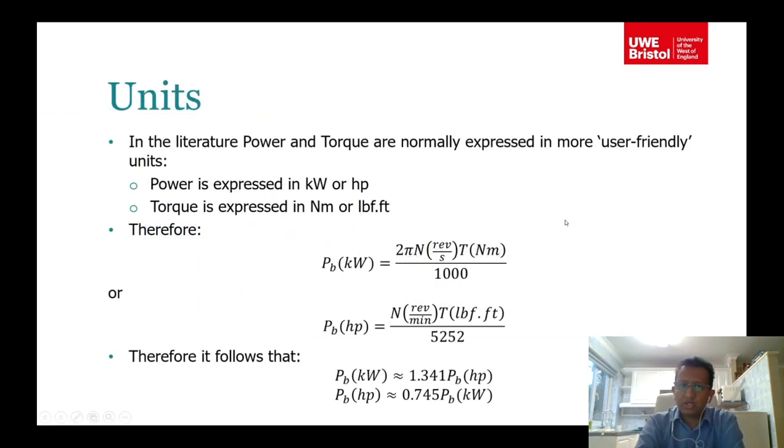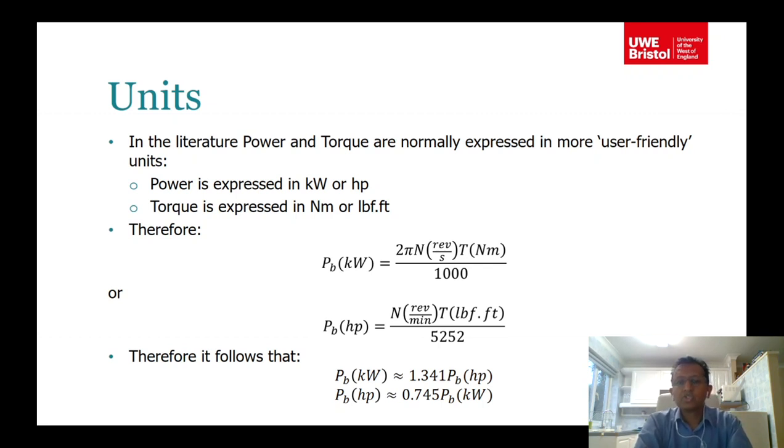Power and torque are normally expressed in more user-friendly units like kilowatts for power, and torque is expressed in Newton meters. In the older non-metric or imperial units, power is given in horsepower, and torque is given in pound foot.